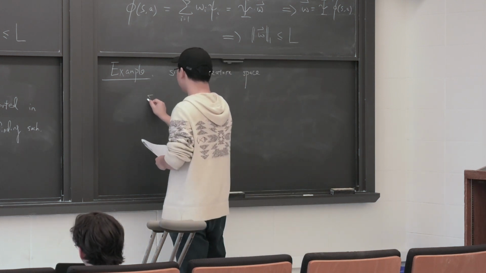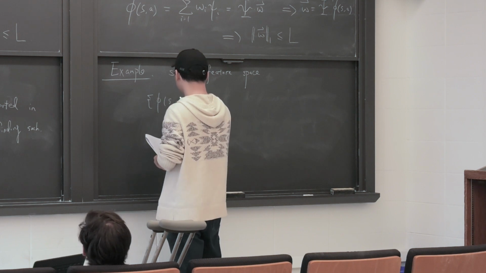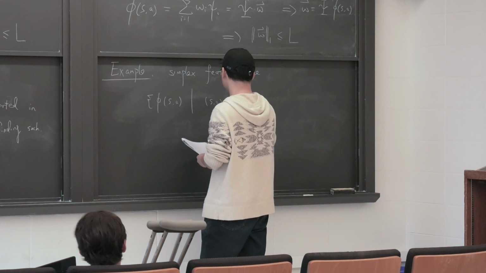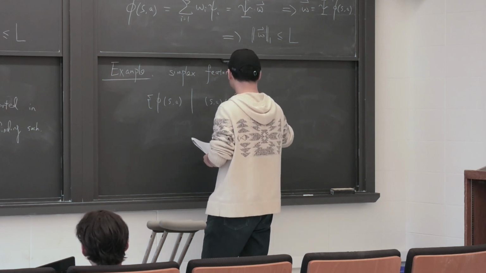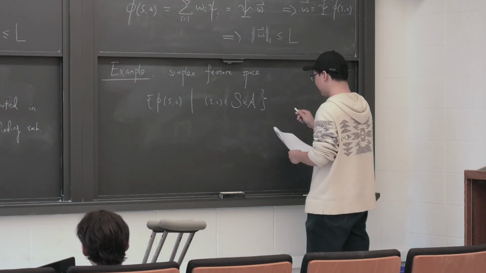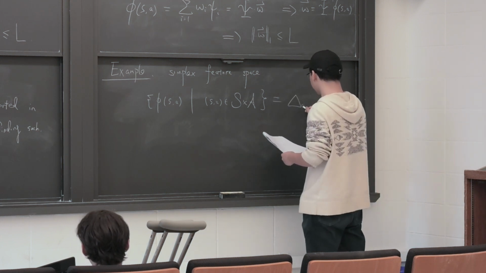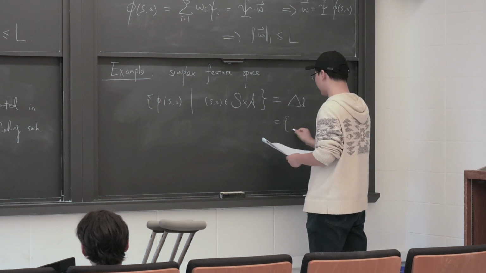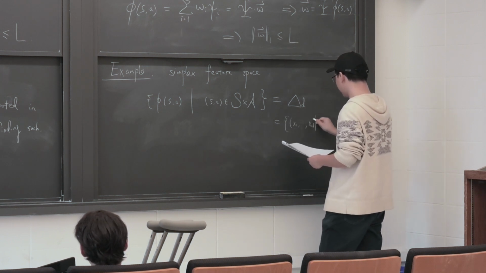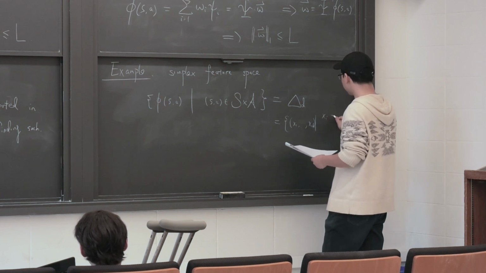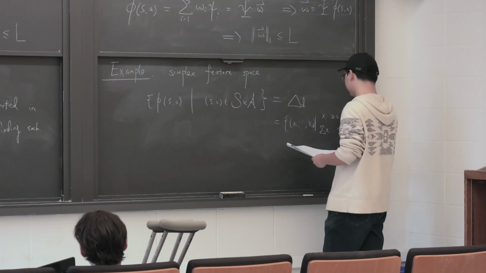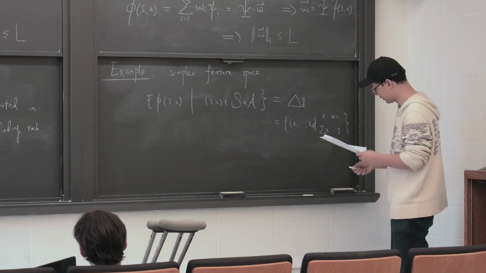That is, all the feature vectors phi(s,a) for (s,a) in the set SA form a subset of, let's say, just equal to the d-dimensional simplex. The d-dimensional simplex is the set of x_1 to x_d such that each x_i is greater than or equal to 0, and the summation of x_i is equal to 1. It's a probability simplex.